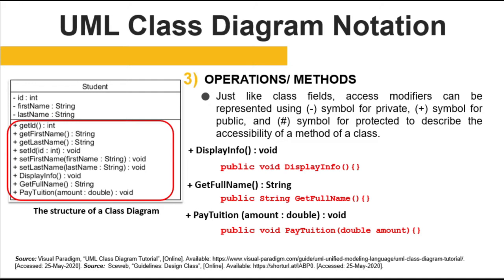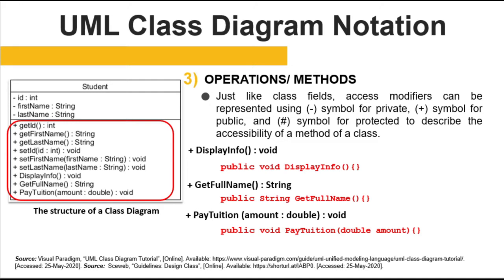Public, since we use the plus symbol, then String as the return type, since the method will return the concatenated values for class fields firstName and lastName, which are both strings, in a full name format, and getFullName as the name of the operation or method.